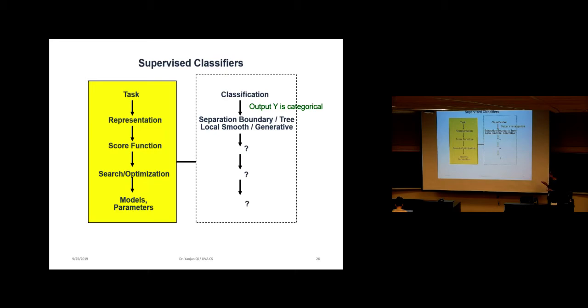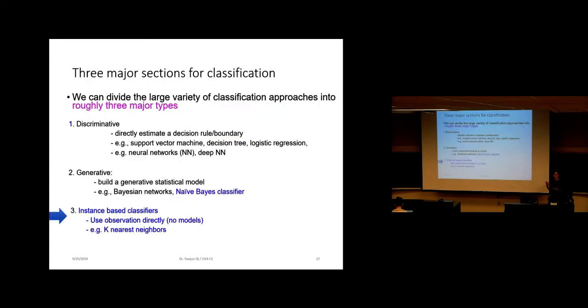This gives 3 categories of classifiers: discriminative models, generative models, and instance-based models. Discriminative models model the decision boundaries. Generative models model the density of each class. Instance-based classifiers don't rely on any assumption about decision boundaries or class distributions. They only have a minimal assumption like local smoothness.